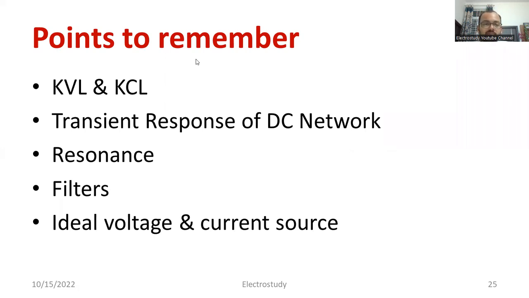First, we'll understand the importance of KVL and KCL. Point number one, you can note down individual points. KVL: what is KVL?